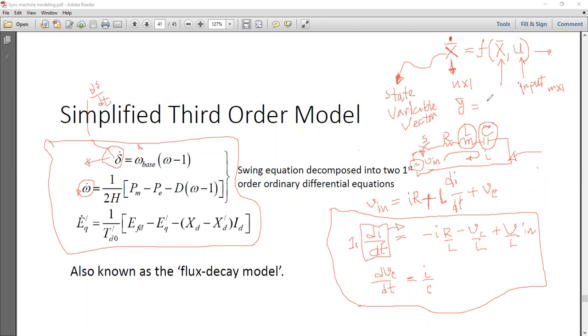And you can write it as, let's say, h of x comma u. It could be some other function known as h, and that h is a function of your state variable vector x bar and input to your system. So combined, x dot equals f of x, u, and y equals h of x, u, these two give you the state space model.